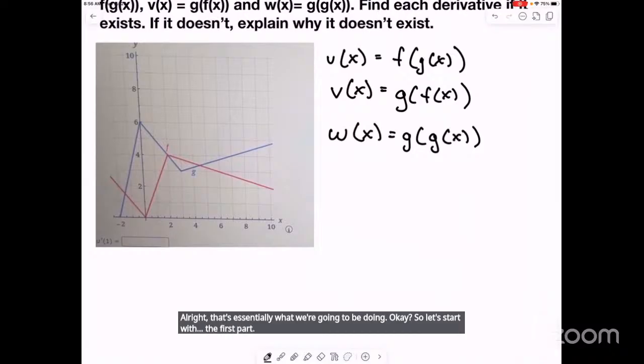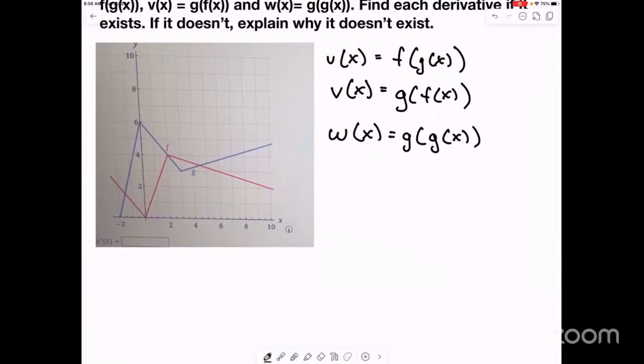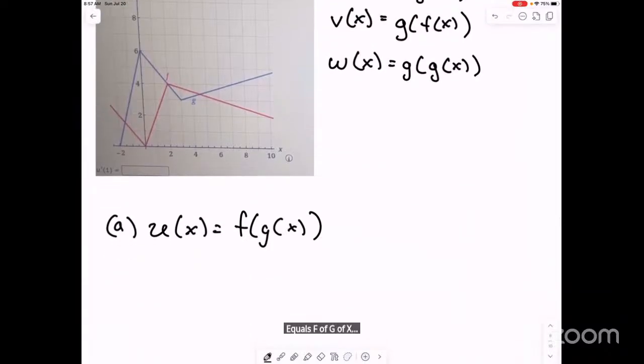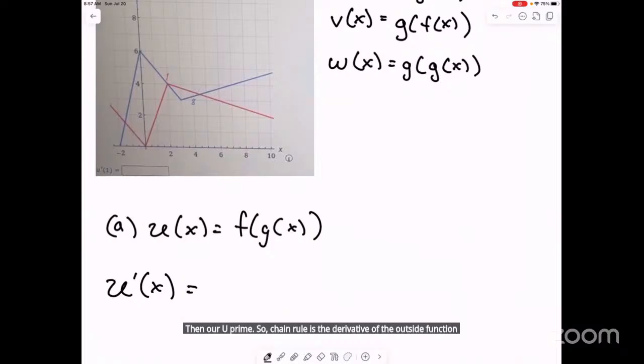Okay, so let's start with the first part. For part A, if our u of x equals f of g of x, then our u prime, so chain rule is the derivative of the outside function times the derivative of the inside function.